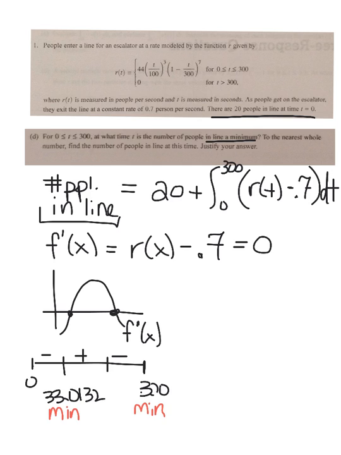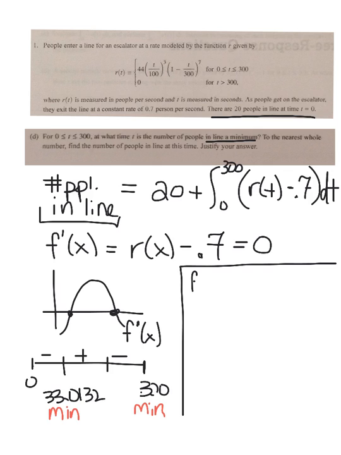300, right? So it says find the number of people in line at this time. Well, we need to find which one's more min than the other. Well, here's the thing. I do know what f of 300 is, right? Because isn't that the answer really from part B? So let me just kind of see if I can squeeze this in here.